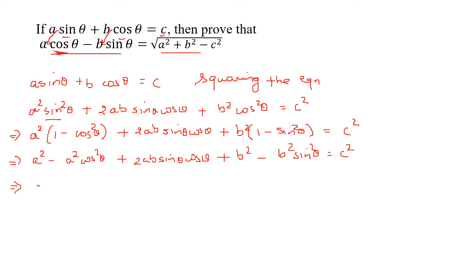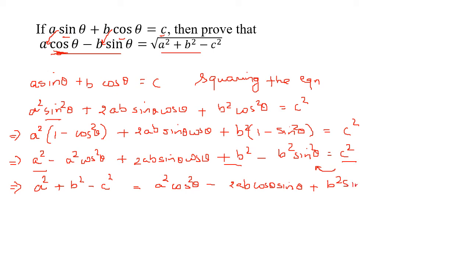What I am going to do now, I am going to write a square plus b square, and the c square I am going to bring this side. So a square plus b square minus c square equal to a square cos square theta minus 2ab cos theta sin theta plus b square sin square theta.